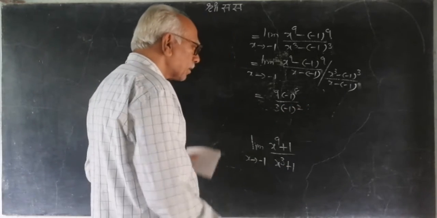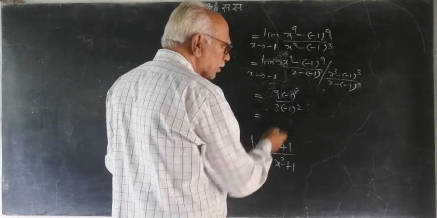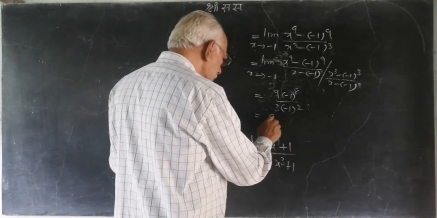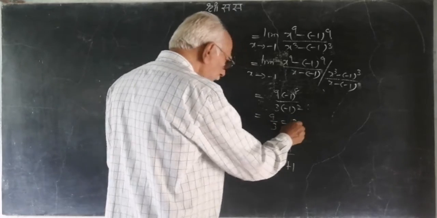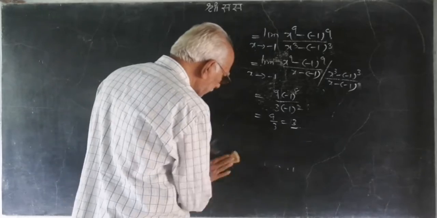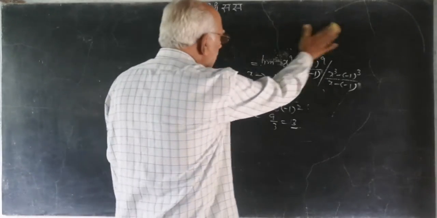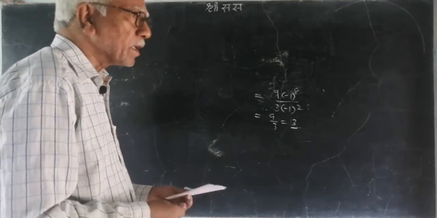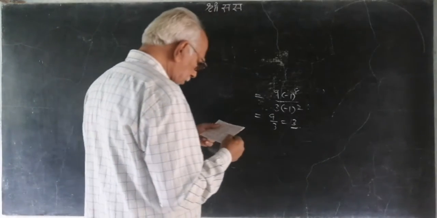Minus 1 raised to 8 is plus 1, and minus 1 raised to 2 is also plus 1. So it will be 9 by 3, and the final value will be plus 3. So these are some problems connected with the theorem x to the power n minus a to the power n upon x minus a.